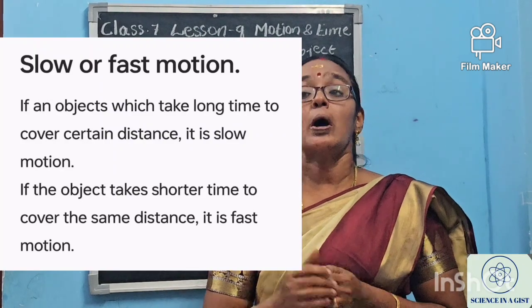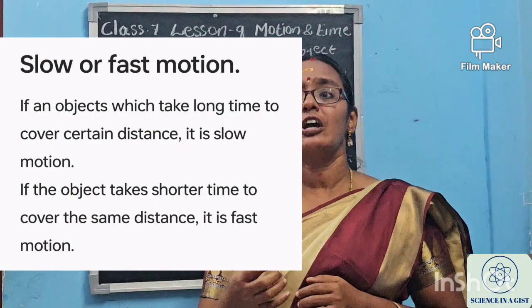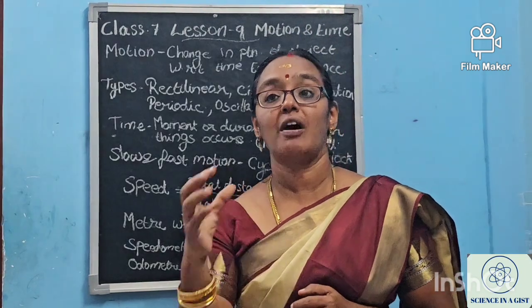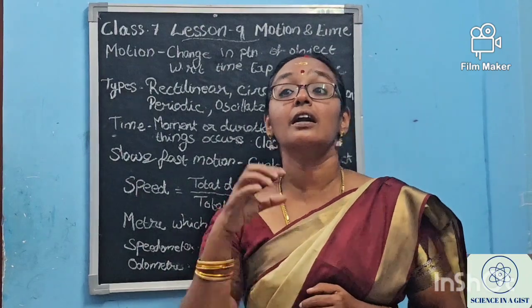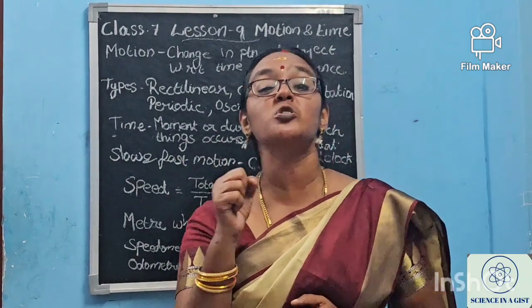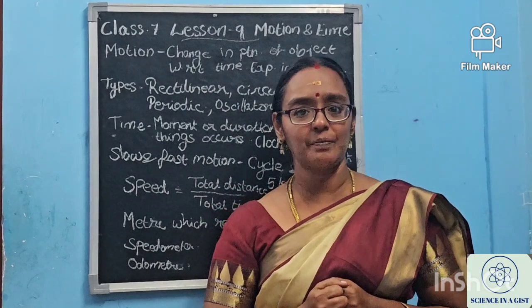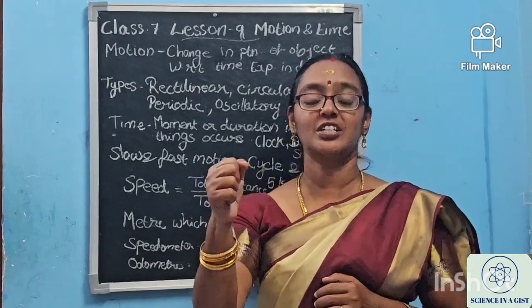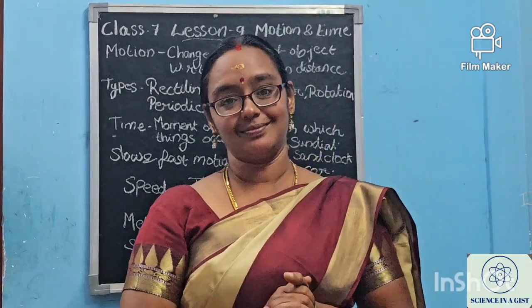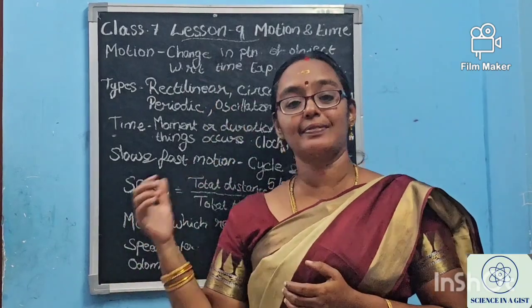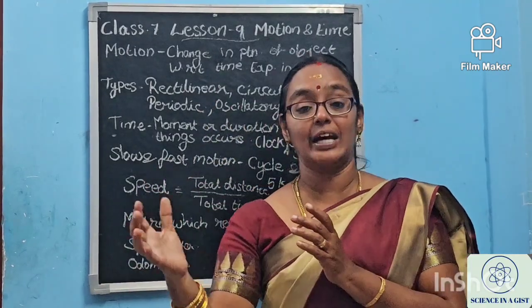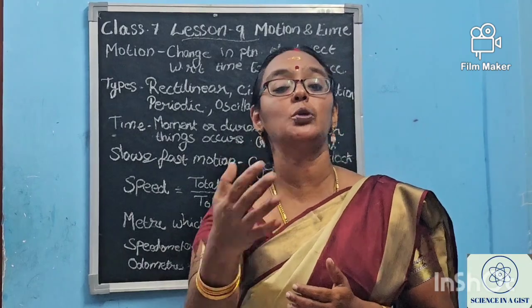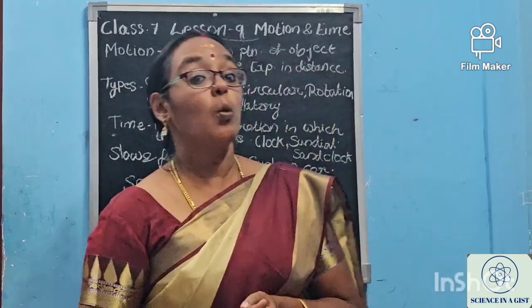Okay. So when we say slow and fast, we say she came fast because her car has much more speed. Will you say so? The speed of the car is more than that of the cycle. That's why she reached earlier. What is speed? The distance and time, when you know them, it is easy to calculate the speed. So what is speed?